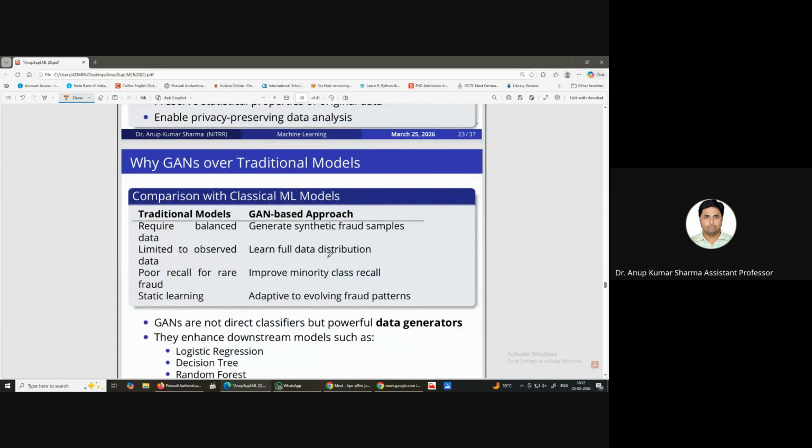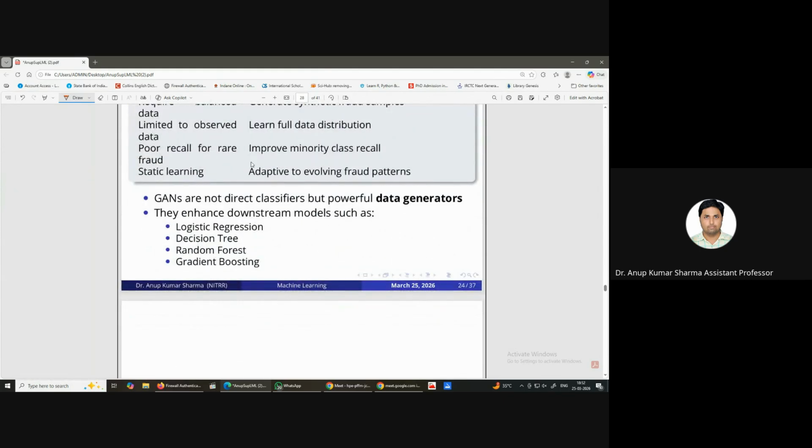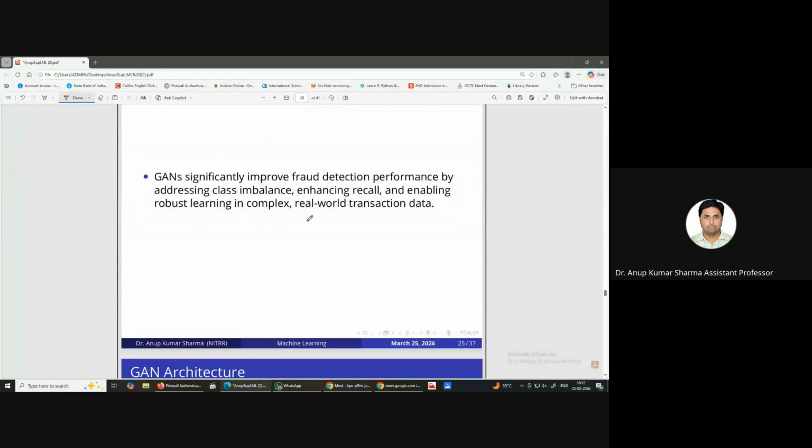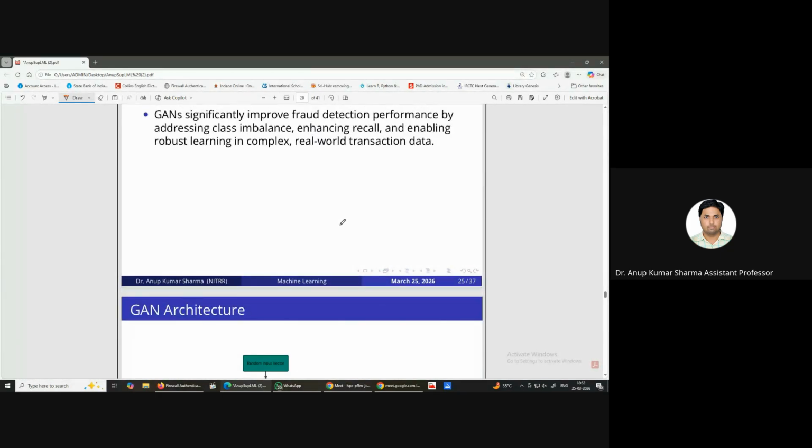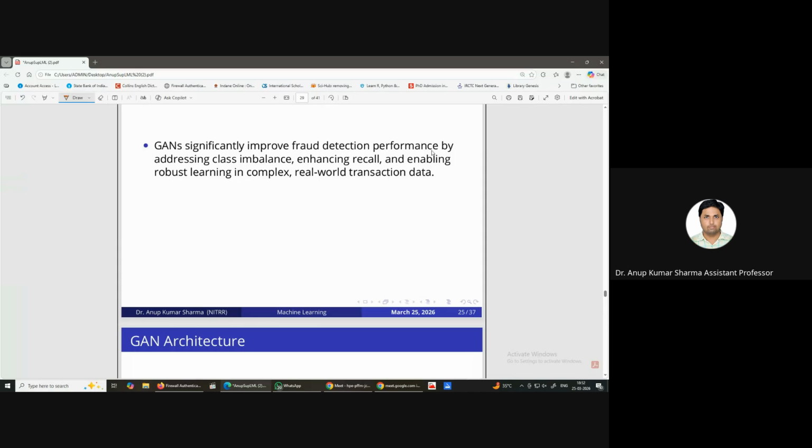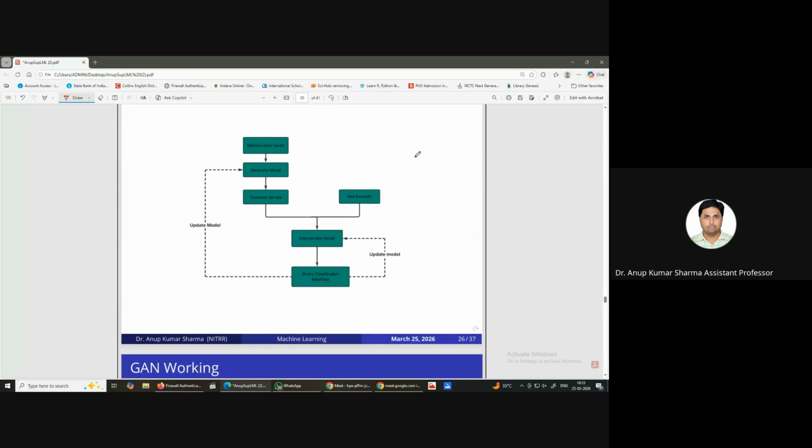Why is it required? The data is unbalanced, with less fraud data in comparison. It enhances downstream models such as logistic regression and decision tree. It significantly improves fraud detection performance by addressing class imbalance, enhancing recall, and enabling robust learning of complex real-world transaction data.